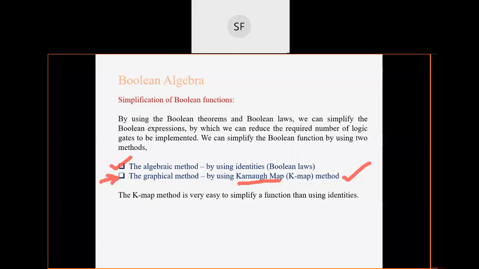The first way was using algebraic methods, and the second was the graphical method. I have just given you the example of the first one, and it is not in detail in your syllabus, so it is there just at the introductory level. And the second one is the graphical method. So we will use K-map to simplify the Boolean expression.